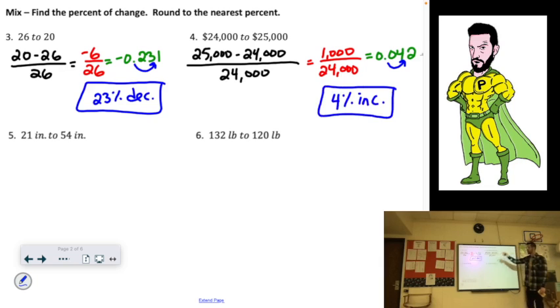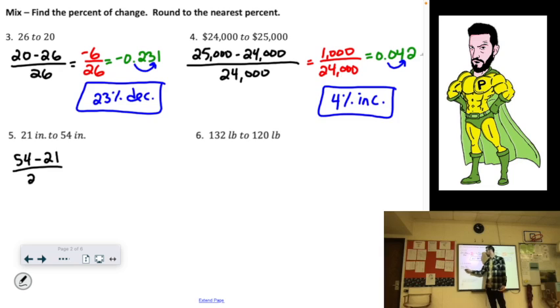All right, this one's going from 21 inches to 54 inches. Obviously an increase. So the new is 54 minus old 21 over 21. 54 minus 21 would be 33. Divided by 21. 33 divided by 21. 1.571.